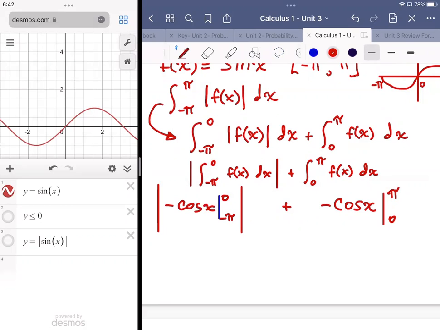So plug in a 0. Negative cosine of 0 is negative 1, minus, plug in a pi, negative cosine of pi is negative 1. So a lot of parentheses here.